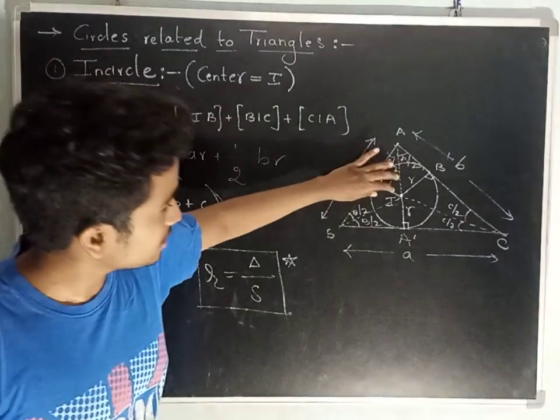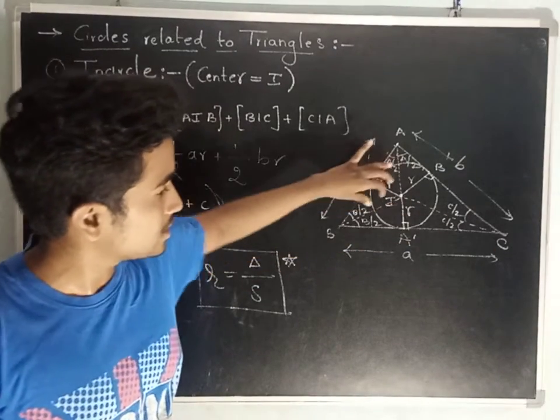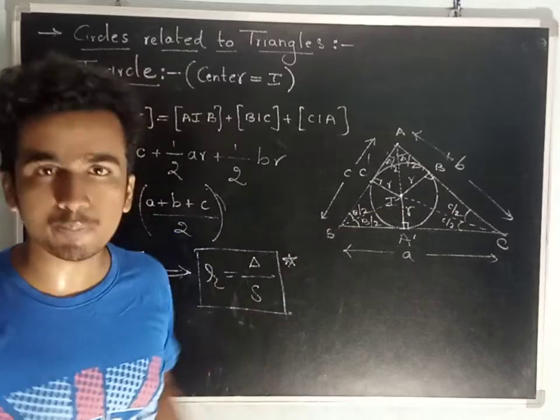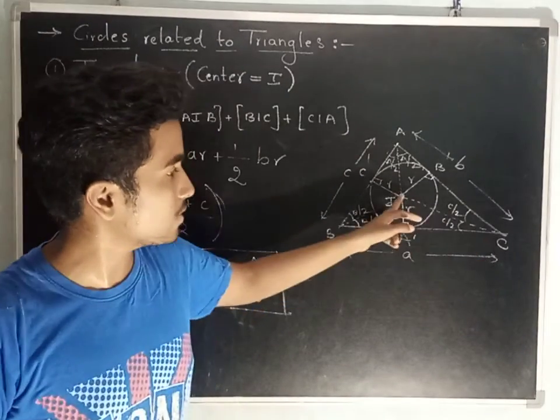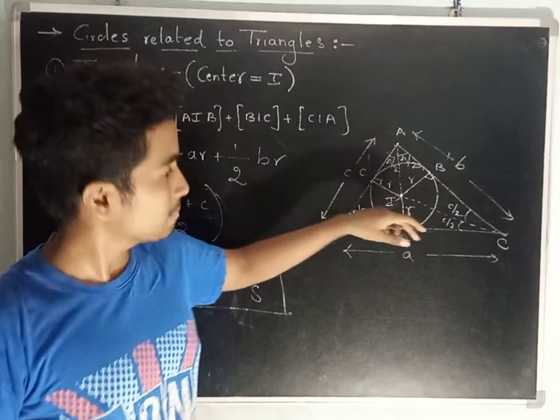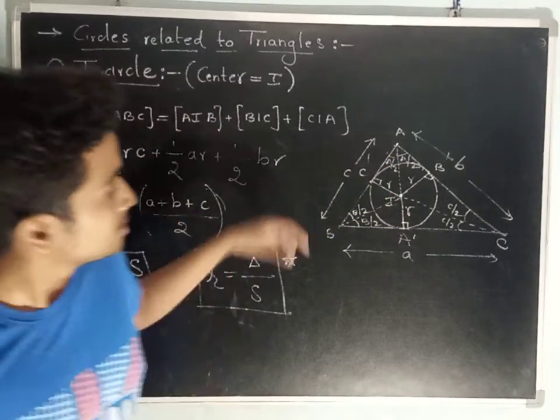I have considered this triangle as three parts. Here we have a perpendicular and a base. Perpendicular is nothing but the height.